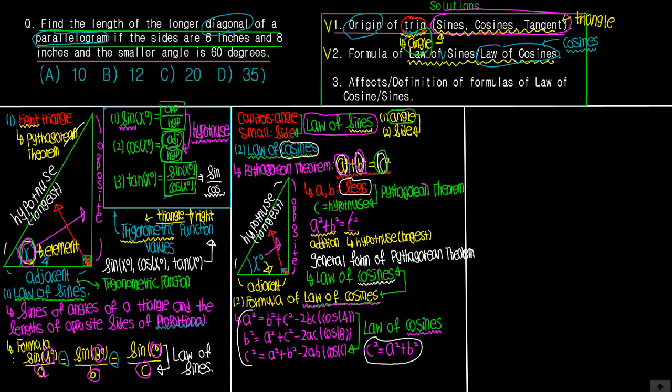That's why we call the Pythagorean theorem a special case of the law of cosines. So this is what the law of cosines formula is going to be. And a lot of people will be confused again: what is the difference between a big capital letter and a smaller letter?